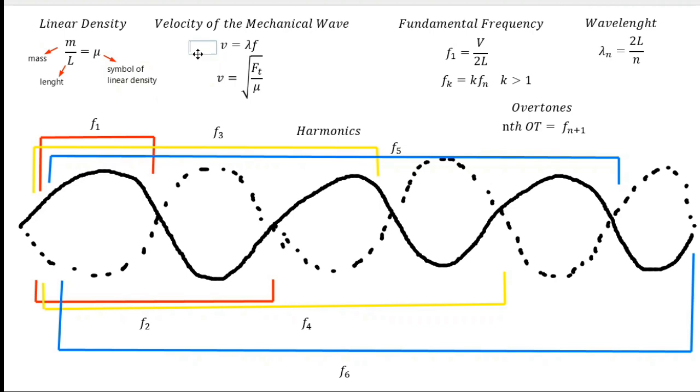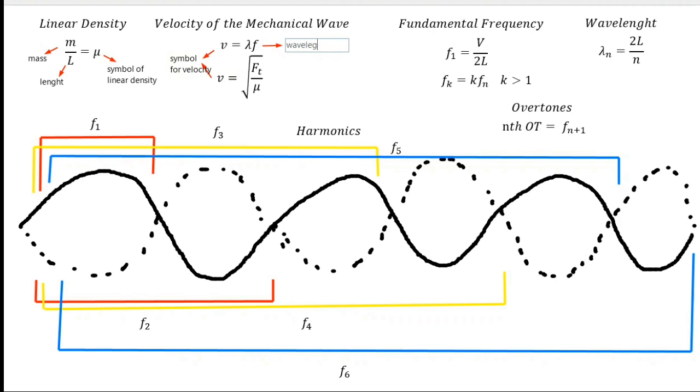So we also have the velocity of the mechanical wave. We can have it in two forms. The main difference is that on the bottom one we have the tension force applied divided by the linear density, while the top one is just for a normal mechanical wave.